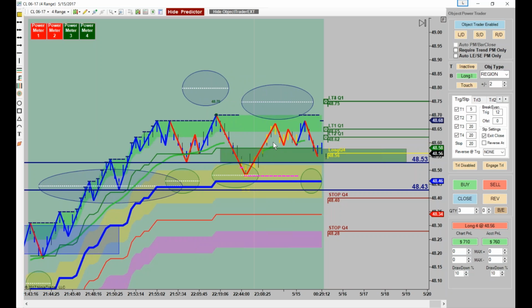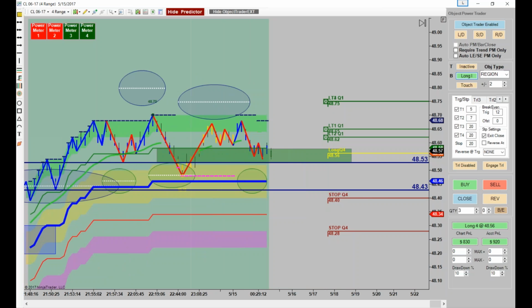We're starting to get, there you go, it came off of it. And by the way, if you wanted more, if it breaks this little swing here with a PM, you can even turn on PM and add 3 more if you wanted to. I wouldn't recommend doing that, but see that little power meter right there? If it goes green, it would fire it. We're not going to do it though. 4's enough.